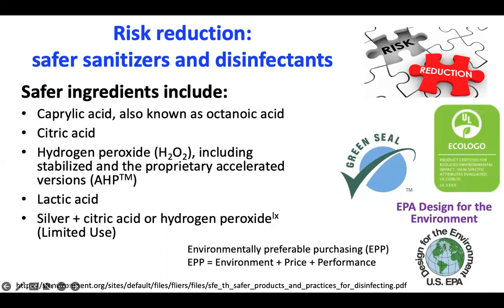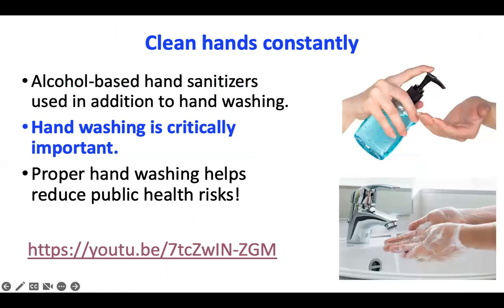And also, when you choose those safer ingredients, make sure you check some of those seals, for example, the Green Seal, the EcoLogo. It's a certification system, so make sure they get certified in some way when you choose those.